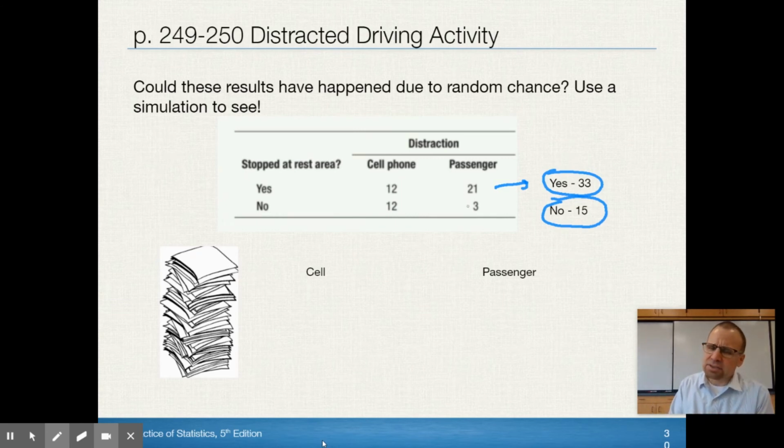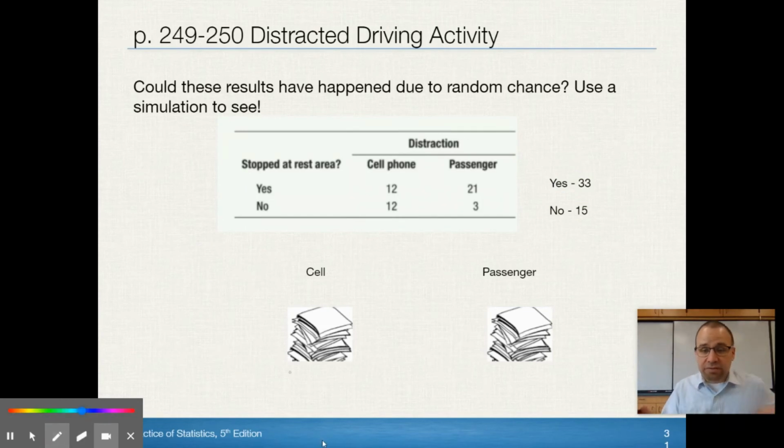What we're going to do is I would have you shuffle the cards, and then I would ask you what would happen just due to random chance. So you would take all of the yeses and all of the nos, you'd have 33 yeses and 15 nos, and then you would randomly place half of the group into the cell phone group and half into the passenger group.